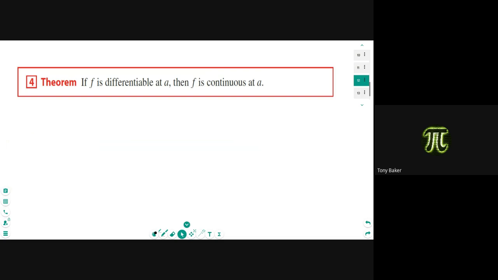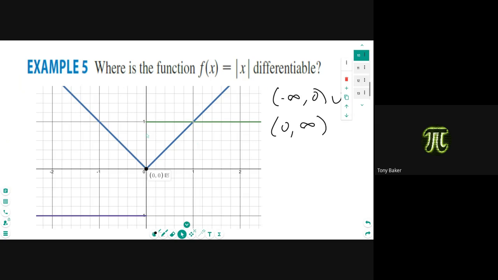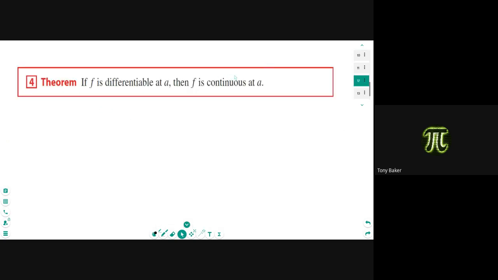No, we just showed one. When we looked at the absolute value, is it continuous? Does it have an answer at 0? There are no holes, no asymptotes, no discontinuities. It is continuous, but it's not differentiable. So the converse of this statement is not true.